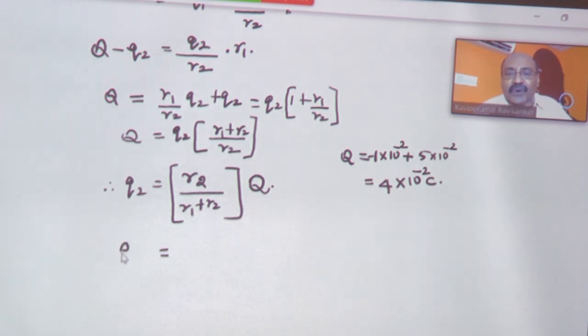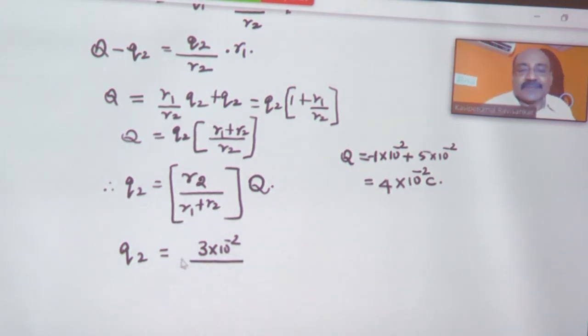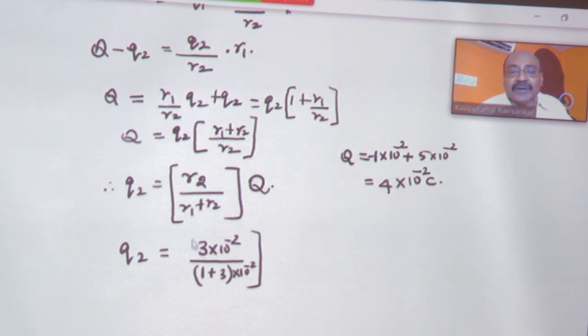What is the value of Q2? What is R2? R2 is given to be 3 centimeter. So I can write 3 into 10 to the power of minus 2 divided by, what is R1? R1 is 1 centimeter plus R2, 3 centimeter combined. So I can take the 10 power minus 2 out, multiplied with the total charge. What is the total charge? 4 into 10 power minus 2. So this will get cancelled.